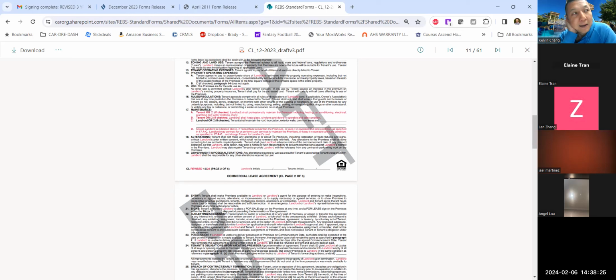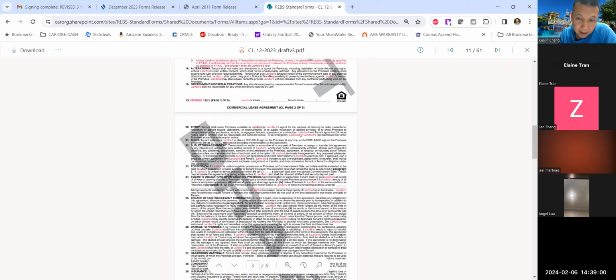Maybe the tenant has exposed wiring, or a trip hazard, or the walkway or stairway that they built is not to code. Landlord can go in, give them notice to say, hey, per paragraph 17, this is a trip hazard. You should fix this. It's unsafe. And if the tenant fails to do it after X amount of time, then the landlord can just go ahead and do it and then bill it to the tenant. That's what it means.